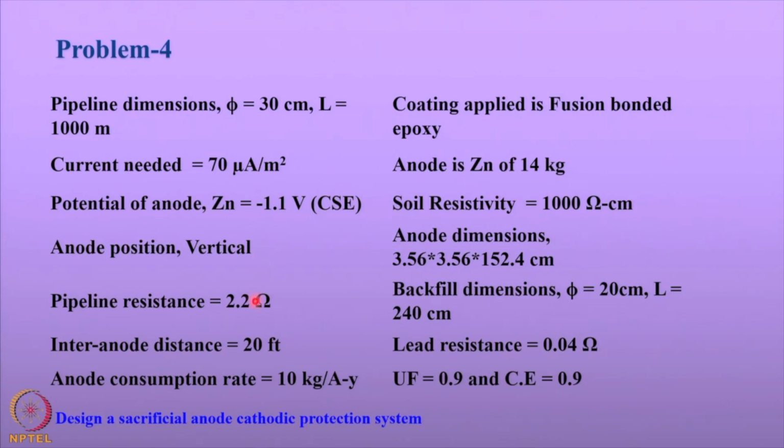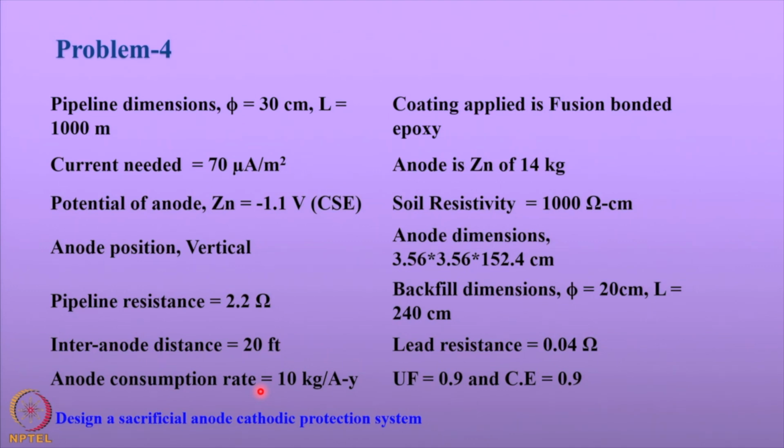The resistance offered by the pipeline, as you have seen in the earlier case, you need to know here as well. If you are going to use multiple anodes, what are the spacing between these anodes? As opposed to ICCP systems, okay, in the sacrificial anode systems, the anodes themselves provide the required current.